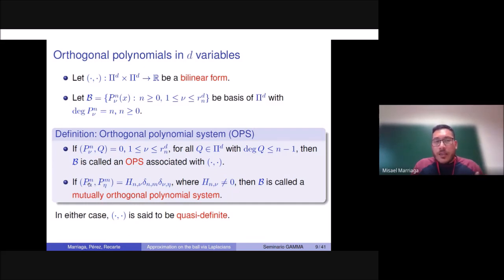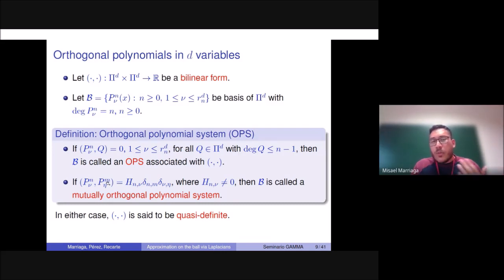But if I have a basis such that distinct elements of the sequence are also orthogonal, then I say that this is a mutually orthogonal polynomial system. It doesn't matter if they are of the same degree, as long as they are distinct elements.